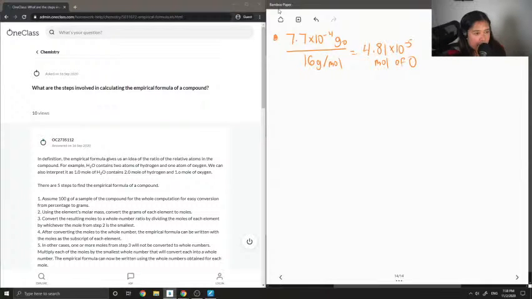So now I'm going to write out the empirical formula using these mole values that we found. For carbon, it was 1.43 times 10 to the negative 4. For hydrogen, it was 2.87 times 10 to the negative 4. And for oxygen, it is 4.81 times 10 to the negative 5.